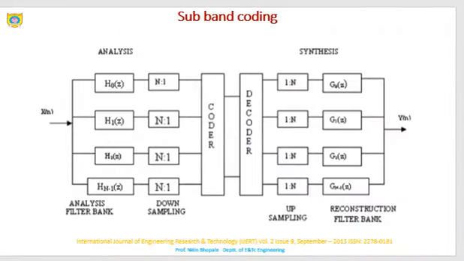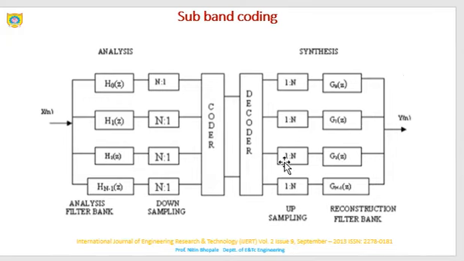Let's move to subband coding. This is what we have seen earlier. When the input is accepted, it is simply filtered. Next, downsampling is done and the coder block follows. This is the analysis part. This is the synthesis part.